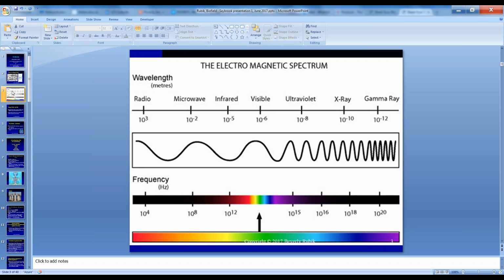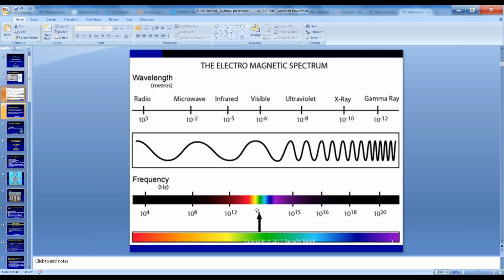And this is a large spectrum of energy from very long wavelengths out in the radio wave region, and then the microwave region, which is where cell phones communicate, the infrared region where our bodies actually make a lot of infrared light and can be seen on infrared cameras. In fact, that's used in thermography to image and look for inflammation in the body. And then the visible spectrum, which is a very, very narrow part of this enormous spectrum.